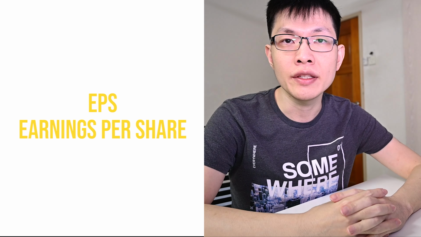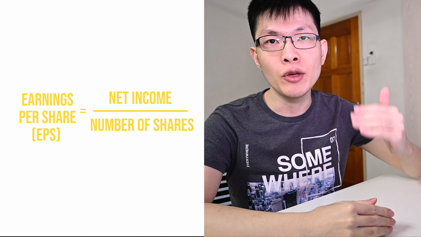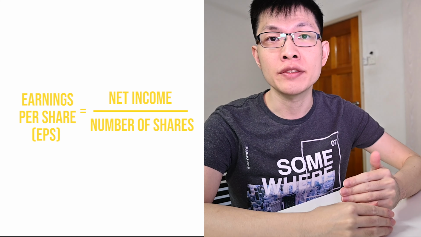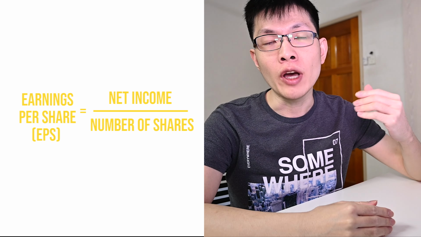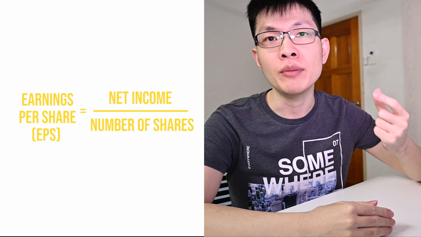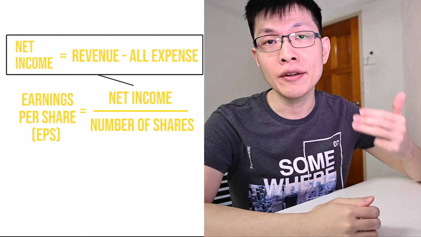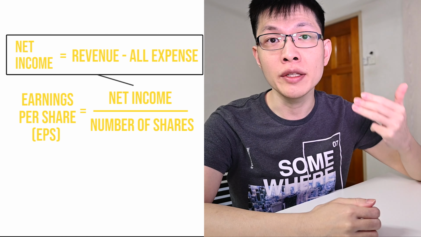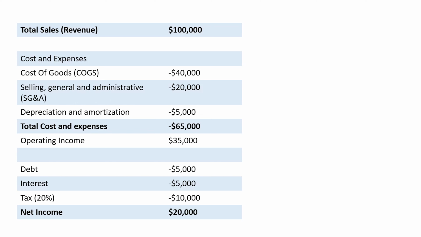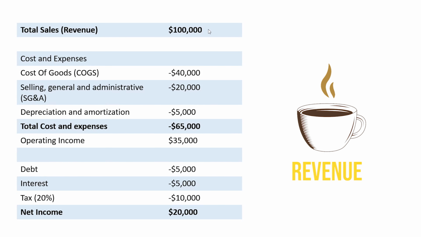Next, you have EPS, earnings per share. EPS is derived by taking the net income and dividing it by the total number of shares. What this means is that for every share you own, how much income is being generated. The net income is the net profit that the company has after deducting all the expenses from the revenue. Say for example, your company sells coffee and makes 100,000 in revenue, also known as sales.